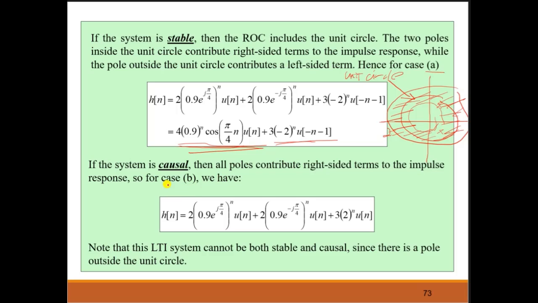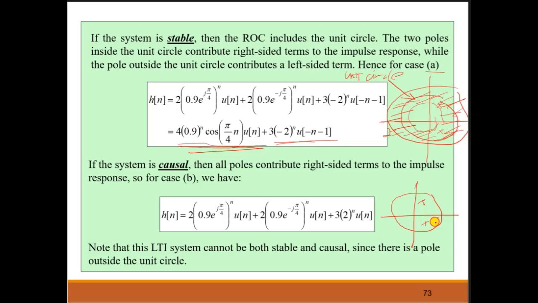Now, if the system is causal, then all the poles contribute to right-sided terms to the impulse response. So all the terms ni must be outward lah. So dekat sini, again saya lukiskan, bear with me lah. Alright, the sketch saya ni tak berapa kemas. So you have your unit circle again.